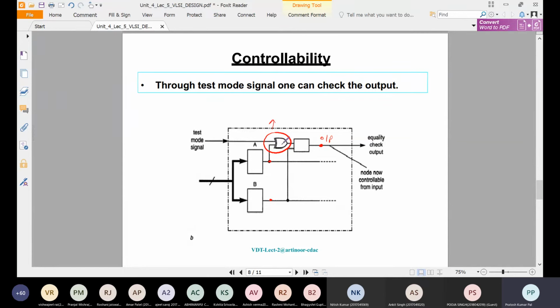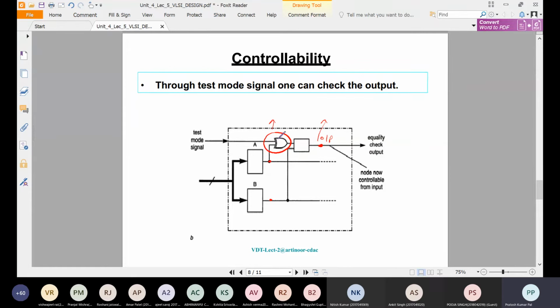So this is how an extra circuitry is required to change the value of this node, because this node was uncontrollable in the previous slide. Now once we have introduced the extra circuit, this circuit will be activated whenever we need a node change of this node.